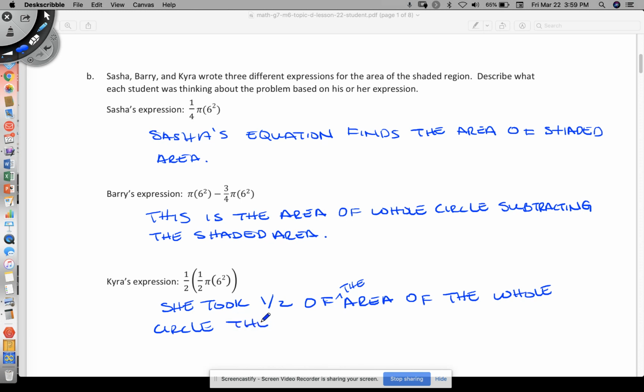Then half of the half, because half of a half is going to be a 4th. So she took a little bit longer route to get there.